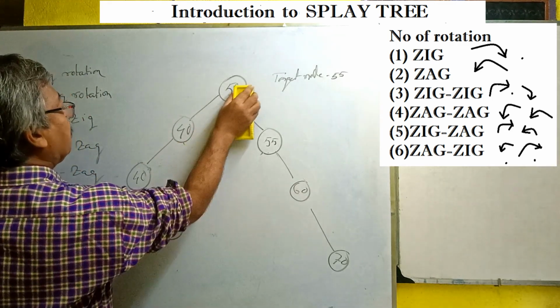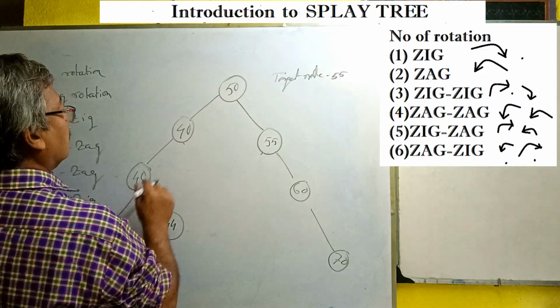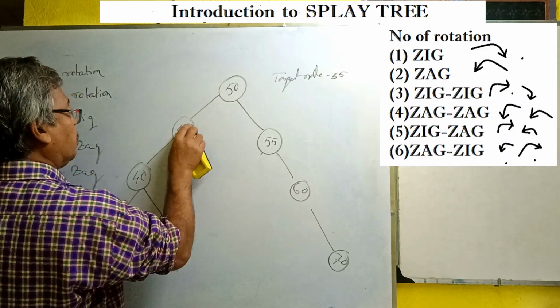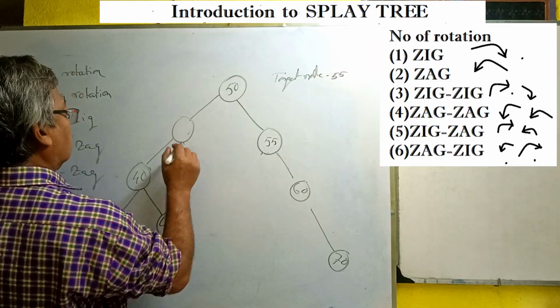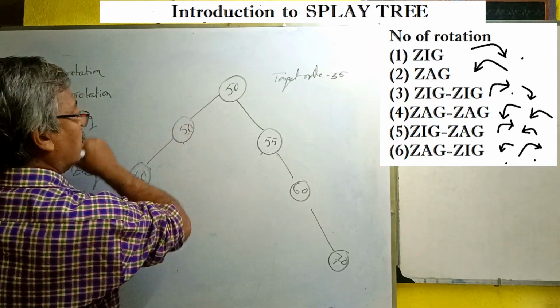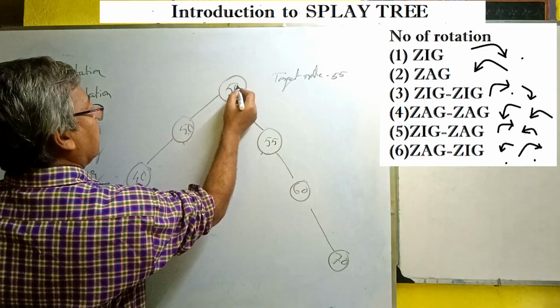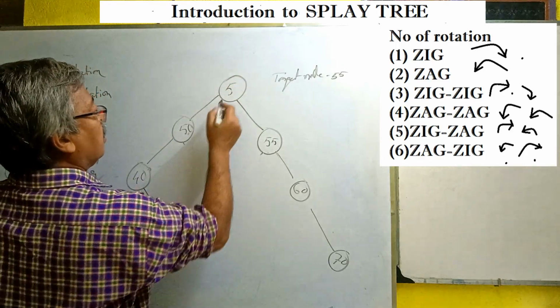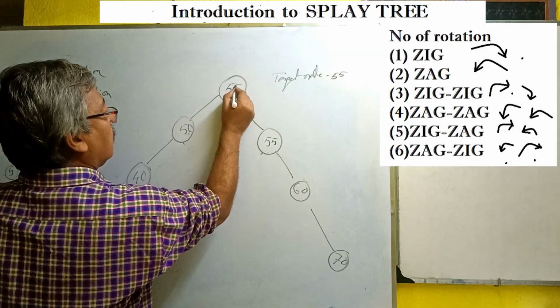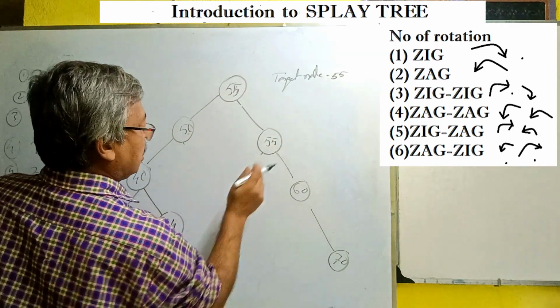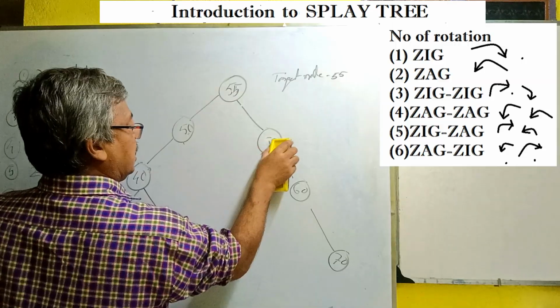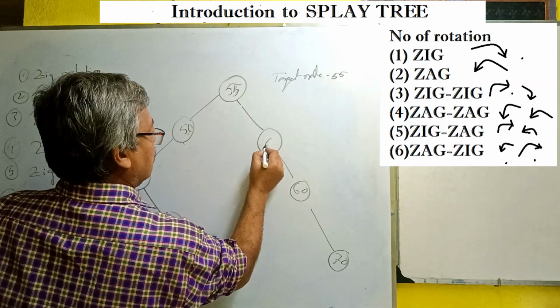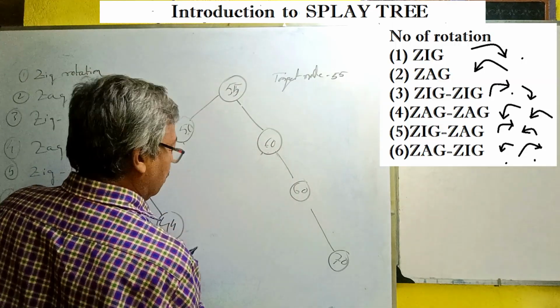Okay, and 50 will come down in place of 40. And 55 will come here in place of 50, and 60 will come upwards in place of 55, and 70 will come here.